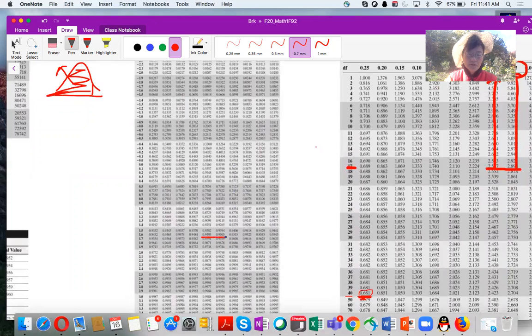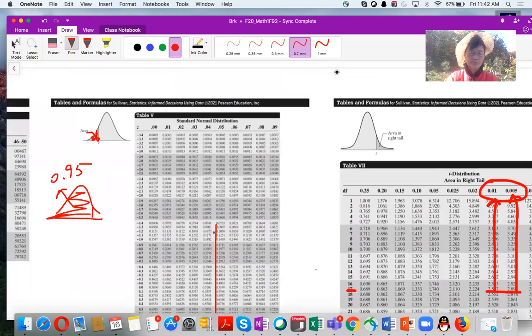I found two numbers, and 0.95 is between these two numbers. From this number, you go to the left and get 1.6. Then you go up and get 0.04 and 0.05 together, so this point is 1.645.